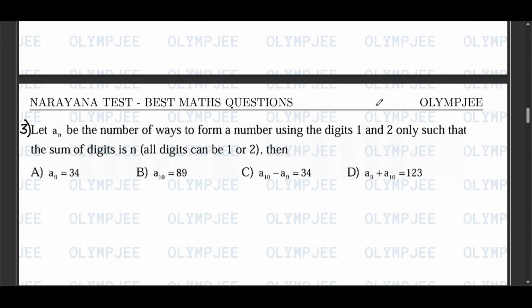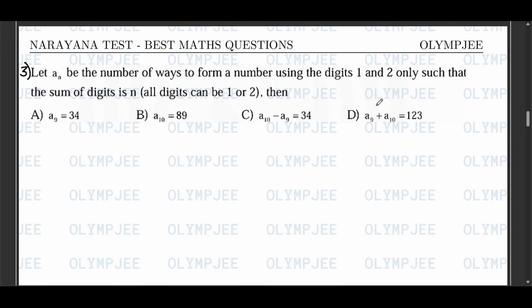So moving on to question 3. It is asking that let an be the number of ways to form a number using the digits 1 and 2 only, such that the sum of digits is n. All digits can be 1 or 2.